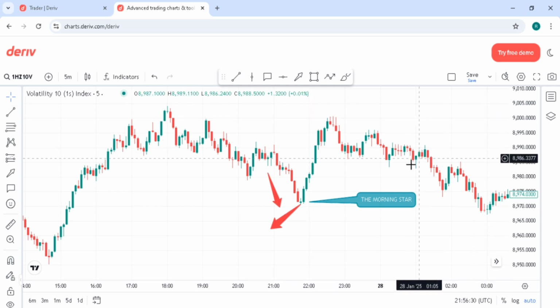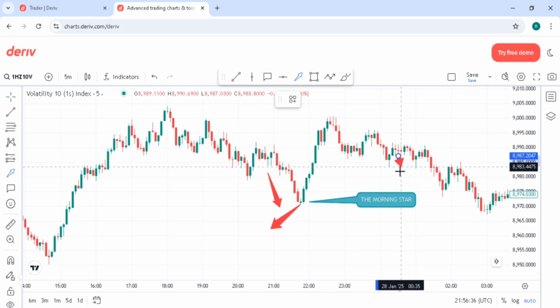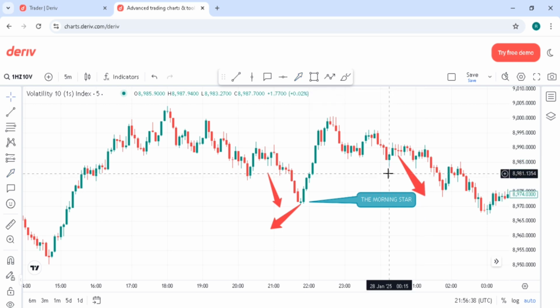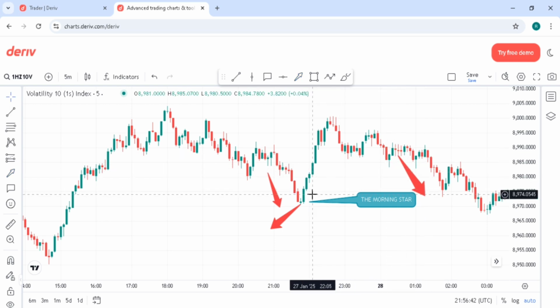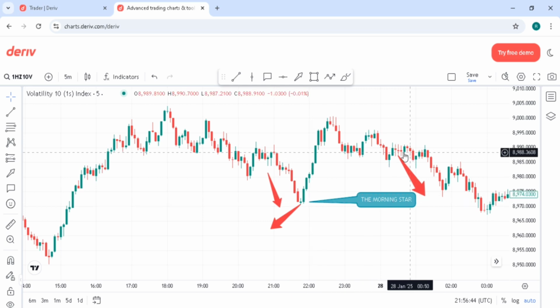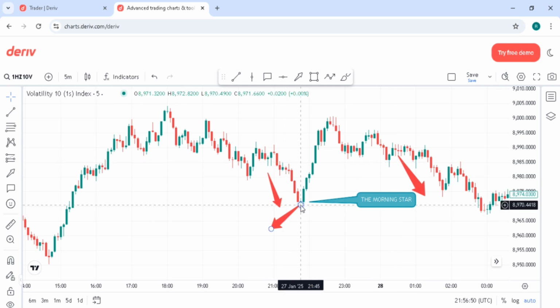A perfect example would be this one. Look at that candlestick. That one is what we call a spinning top candlestick. If you look at the wicks on either side, they have equal length. It has a small body, but the body is bigger than that of a doji.